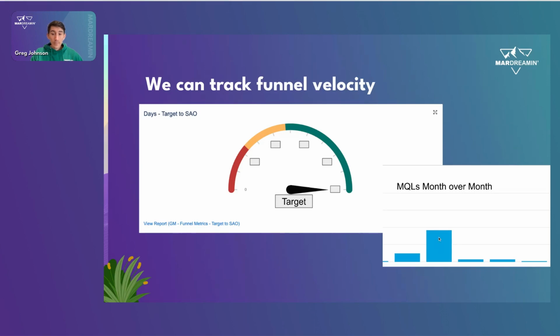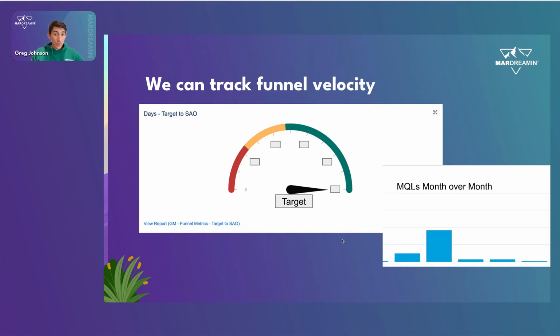In this month, we had our virtual conference. Now look at the huge spike in MQLs that we could attribute to our own virtual conference. That is concrete justification for investing in that virtual conference again next year and to continue to make it an even better event.